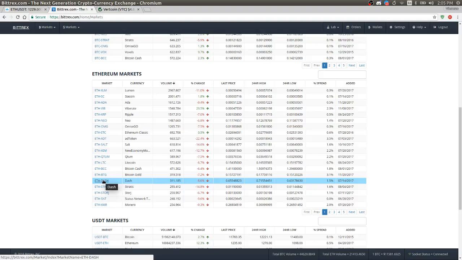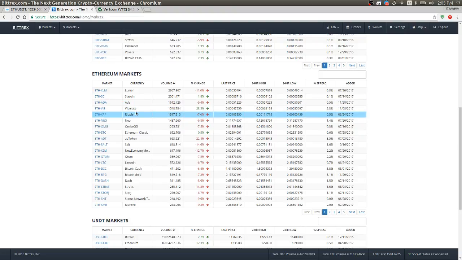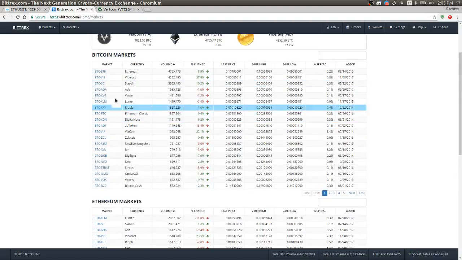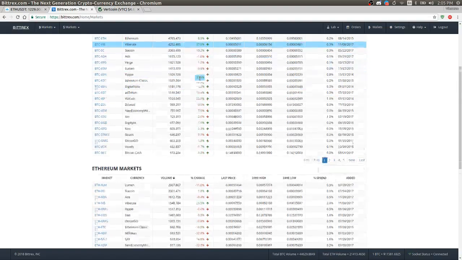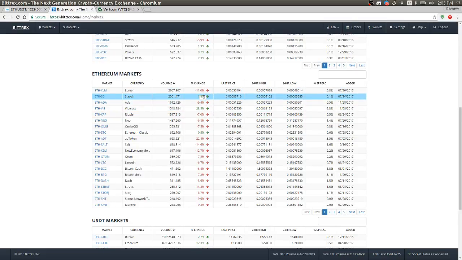So if I win a trade in Ethereum, I make more Ethereum and I make more USDT since Ethereum is pumping, right? So VIA is an awesome coin to trade right now, because in Ethereum it's 23%, and in Bitcoin it's 37%. Sia coin 18%.